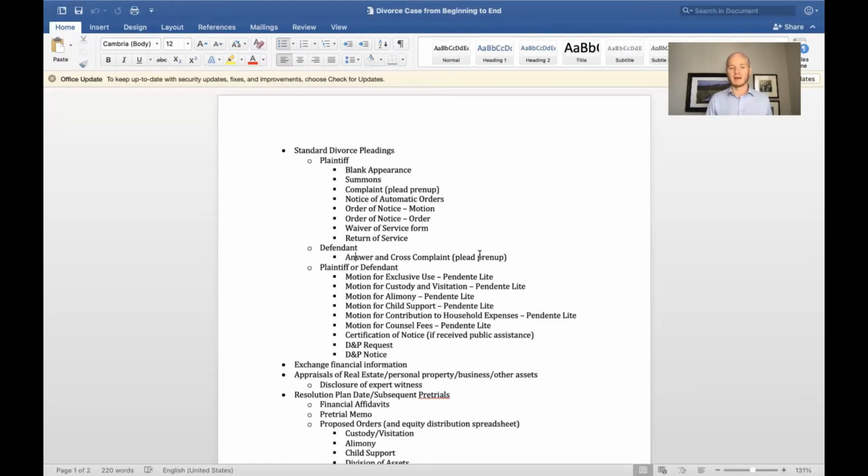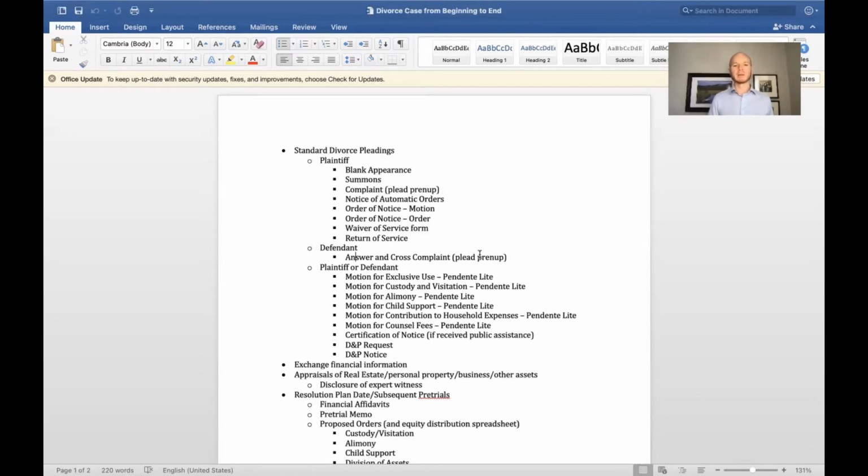If you haven't filed an answer and cross complaint, you can't still pursue the divorce because the plaintiff has withdrawn it, so the case is gone. That's why it's important to file the answer and cross complaint, so that if a plaintiff does, in theory, withdraw the divorce, it doesn't go away. It remains a pending case based on the fact that there is an answer and cross complaint that has been filed.